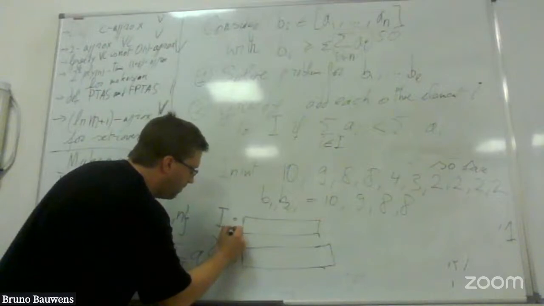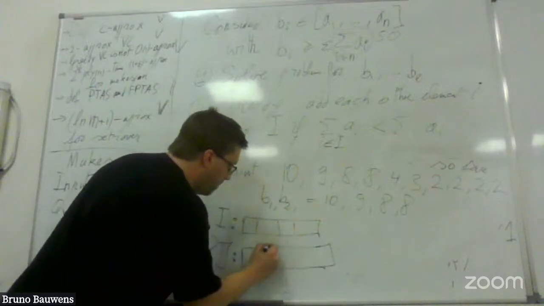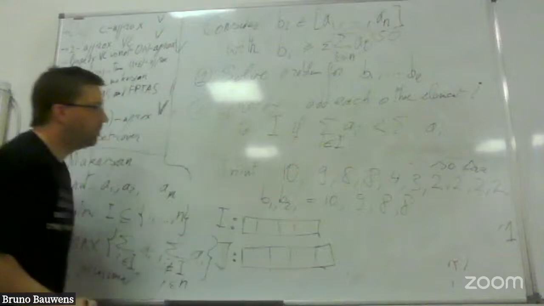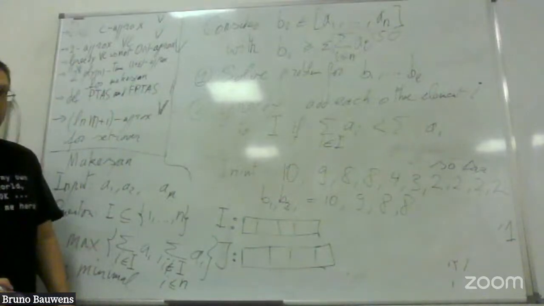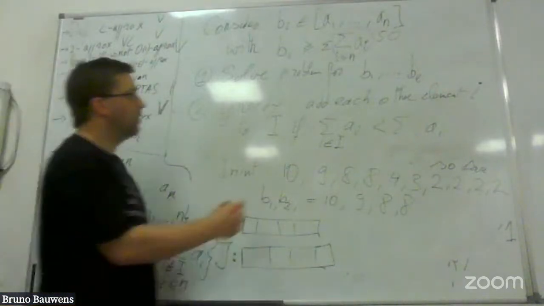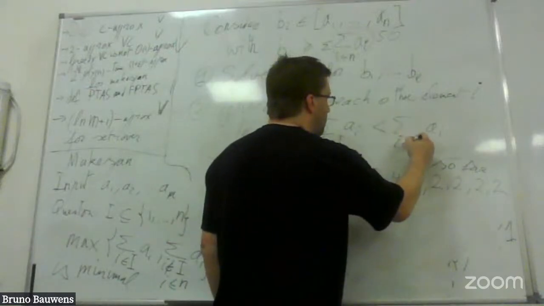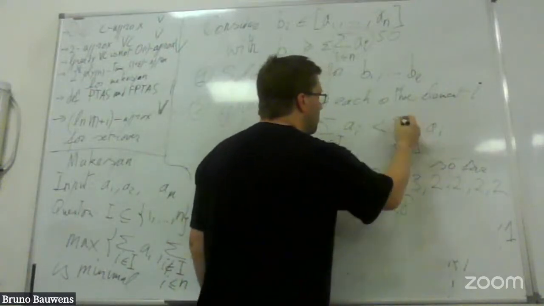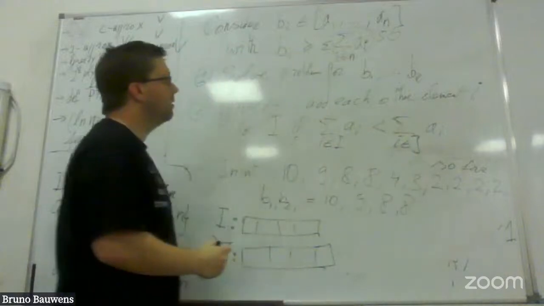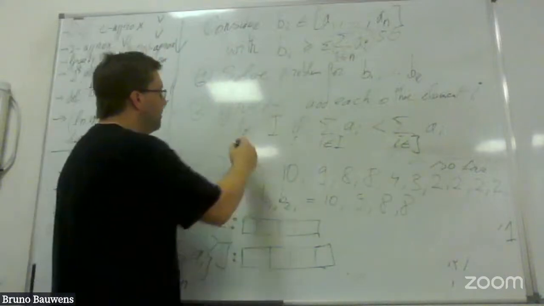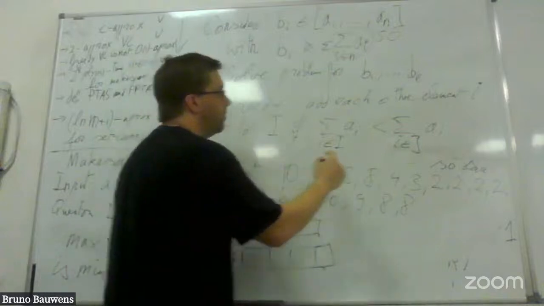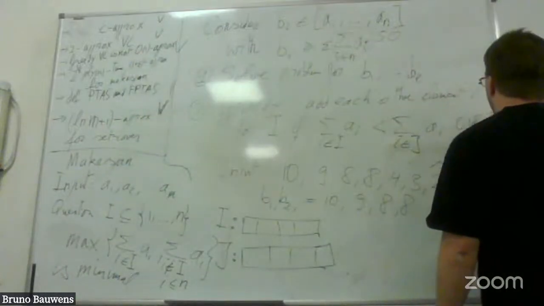Sorry, and why is the number of elements 1 divided by epsilon? If we have 50 elements equal to 1 and epsilon is 0.1, we will pick all the elements. Sorry, I wasn't listening.